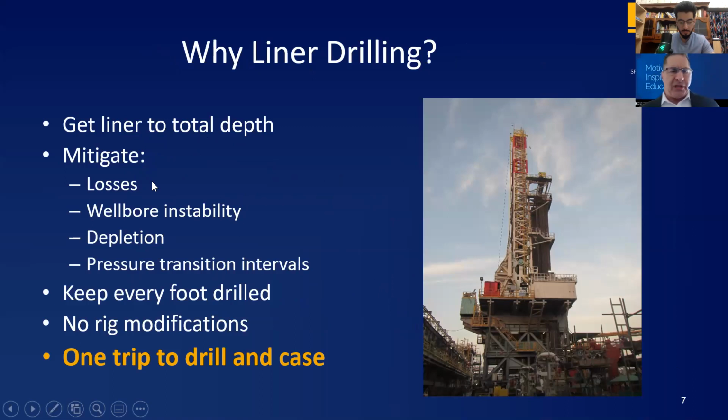Basically, what we see in liner drilling and casing drilling, if you will, is that you've got a larger OD pipe in the hole versus a smaller OD pipe in a conventional drilling application.